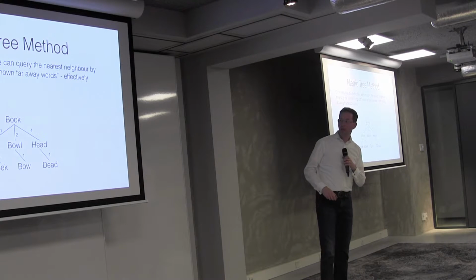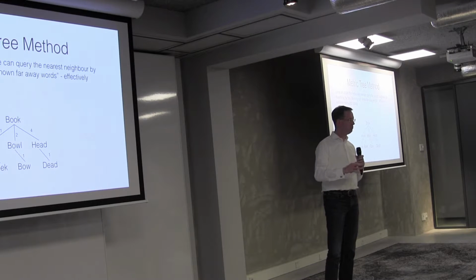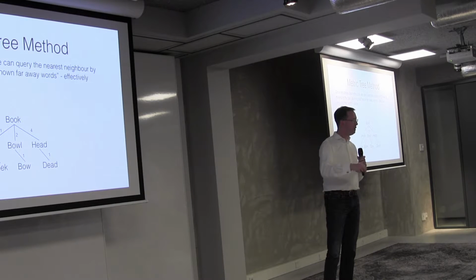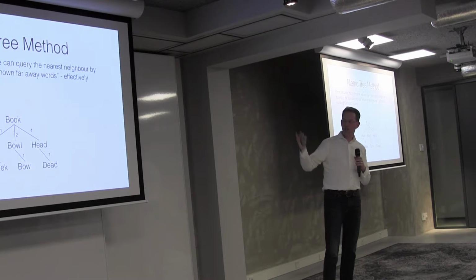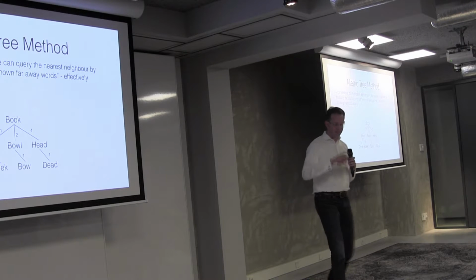And how does that work? You can build a BK tree. There's a nice class publicly available on the internet as well. Basically, it picks a random word or name out of the database as the root node of the tree to build. So let's say book is the root node. Now I'm going to build this tree.